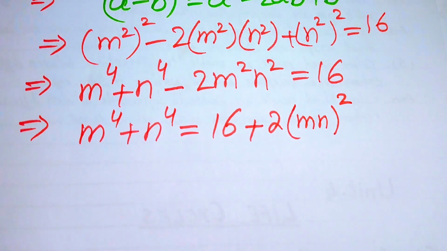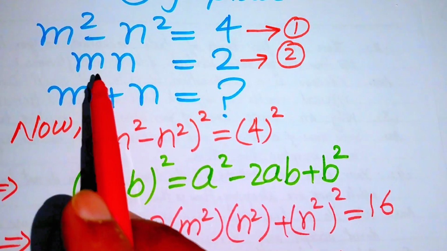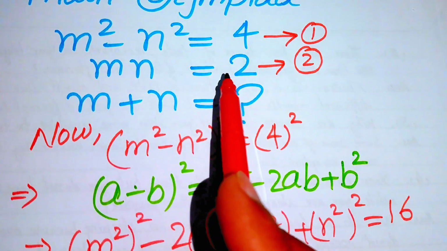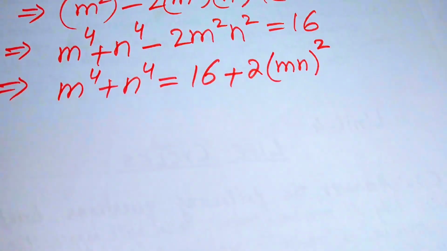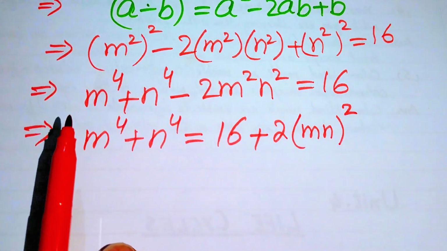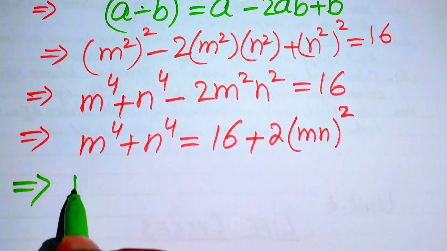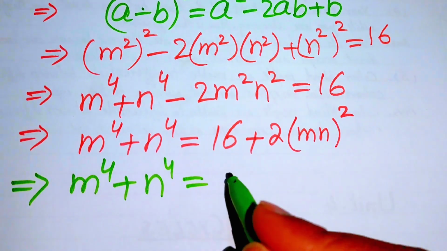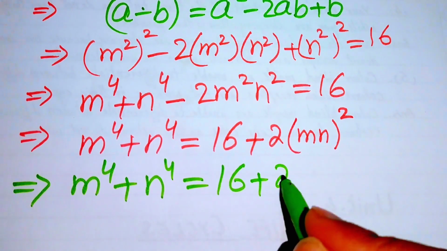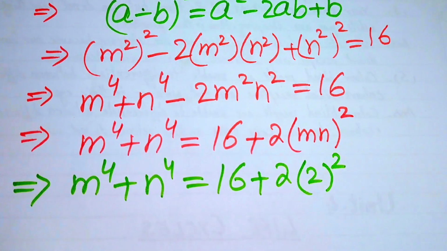And now here we use equation number 2, and you see here in equation number 2 we have the value of m times n equals 2. So we use this value of m and n here, and we write this equation as m to the power of 4 plus n to the power of 4 equals 16 plus 2 times mn, and the value of mn is 2 and its whole square.